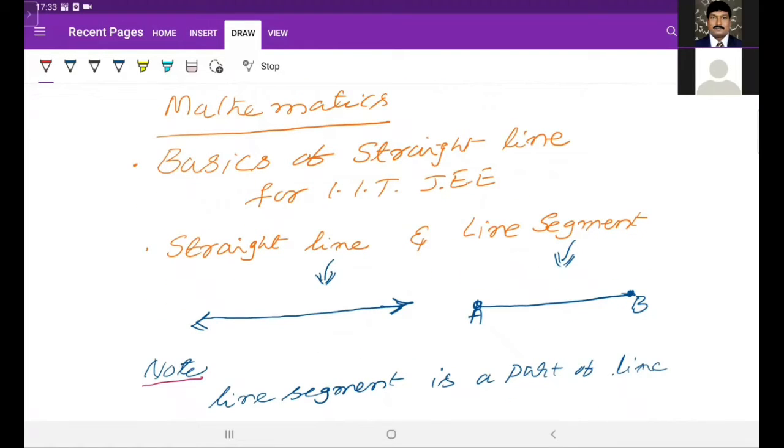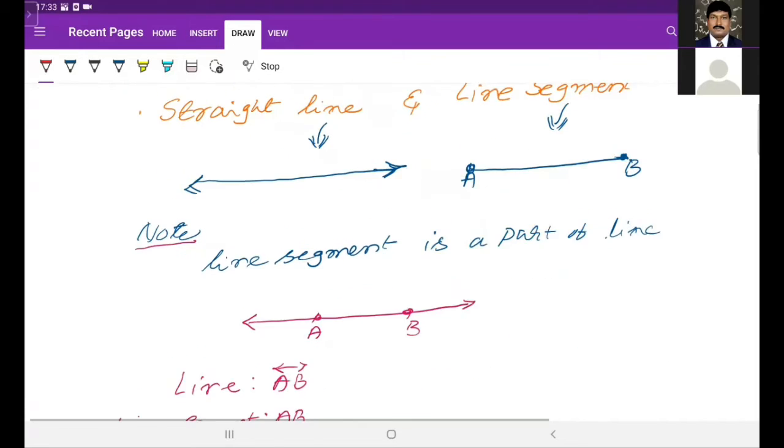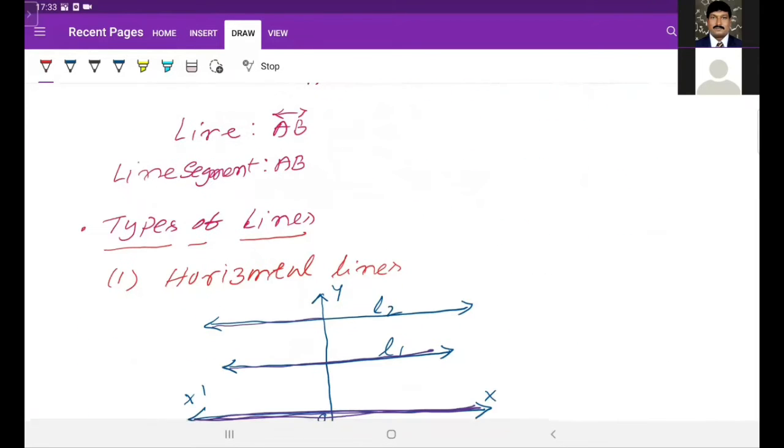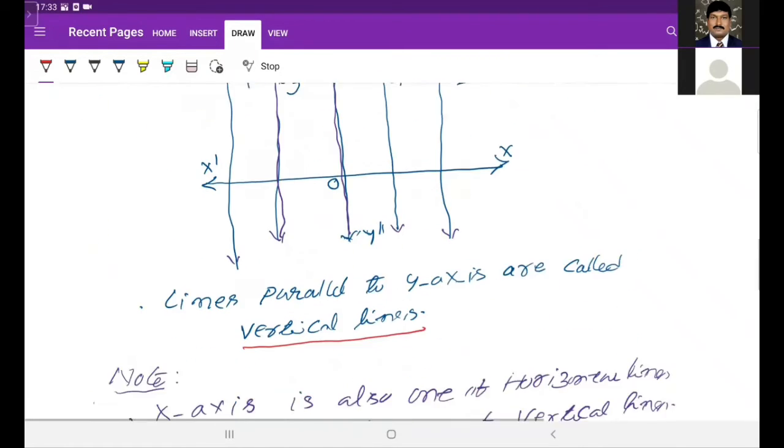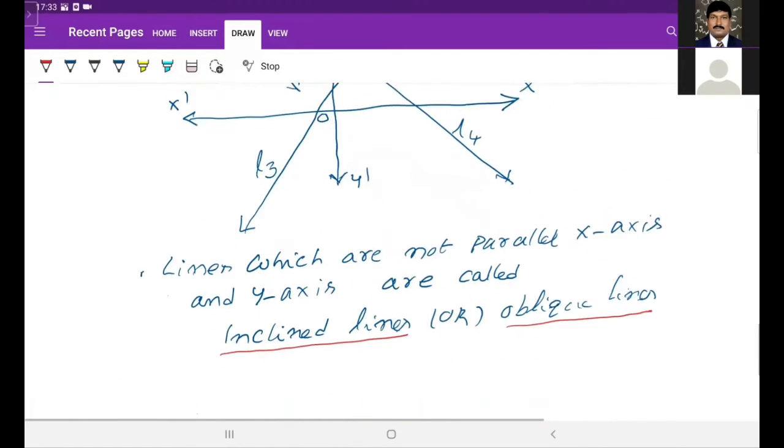Here it is straight line and line segment. Okay, difference between a straight line and line segment. Next concept it is types of lines. Okay.